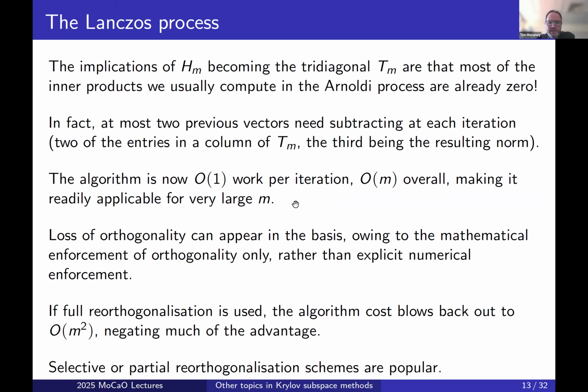However, the reality is that we are relying on the mathematical enforcement here of orthogonality. It looks good on the page, but in practice, every single calculation is done in floating point arithmetic with round-off errors. And so in practice, loss of orthogonality can and does appear in the basis. And that's complicated, okay?